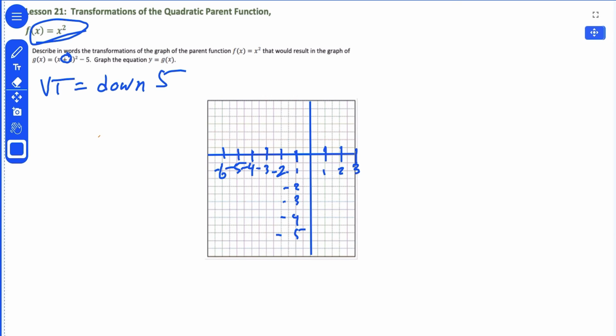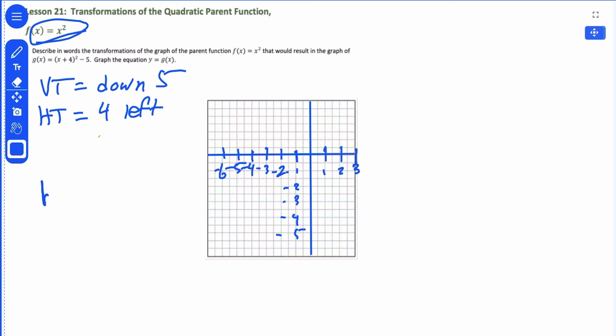There's always a built-in negative. So since this is a positive 4, we're going to have a horizontal translation that is what? Four to the left. Because it's really a negative 4.